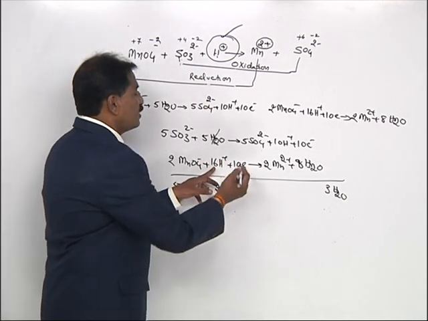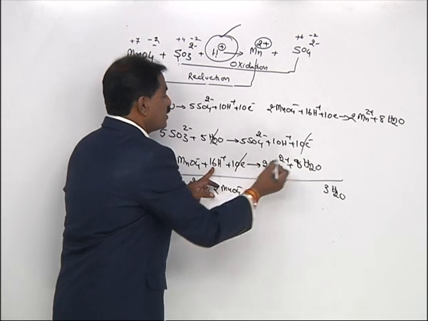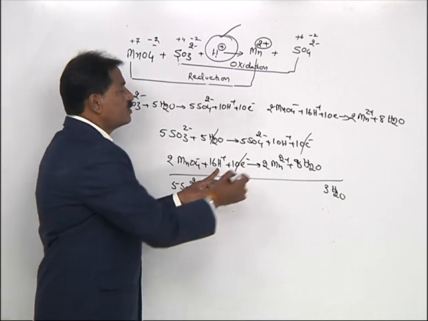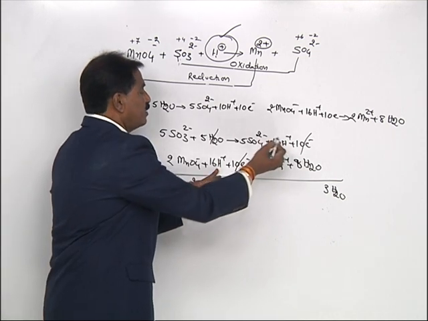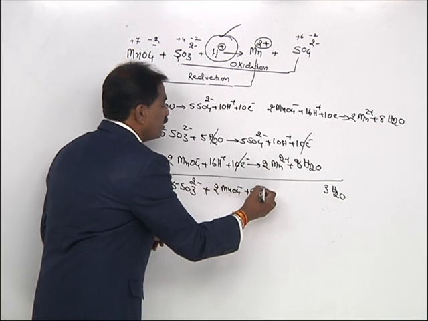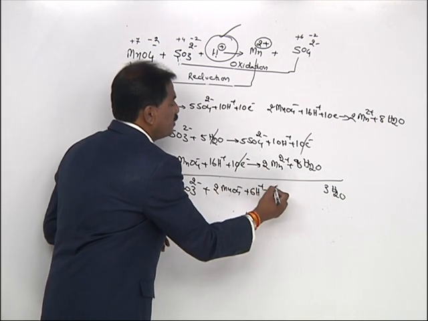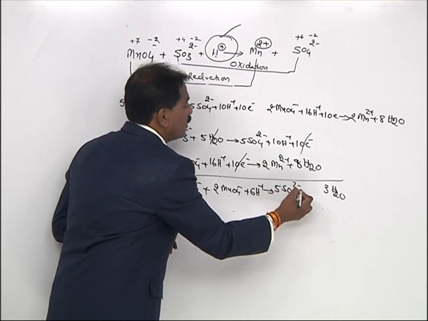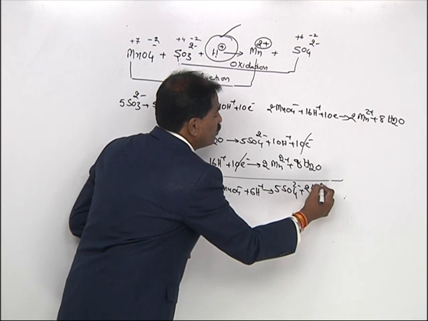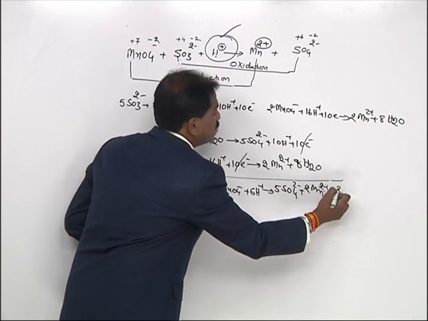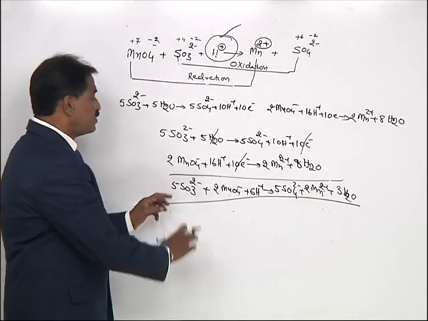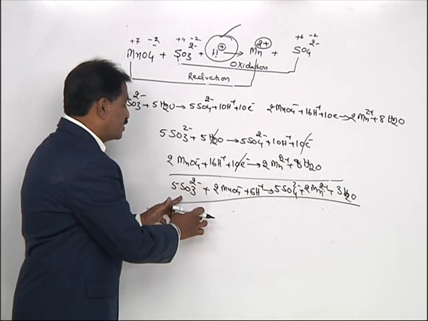Similarly, the electron number on this side and that side will get cancelled. Next here 16H+, here 10H+. Out of this, 10 and this 10 will get cancelled. Here 6H+ will be left. Next here 5SO4 2- plus 2Mn2+ plus 3H2O. This is the net derived reaction.